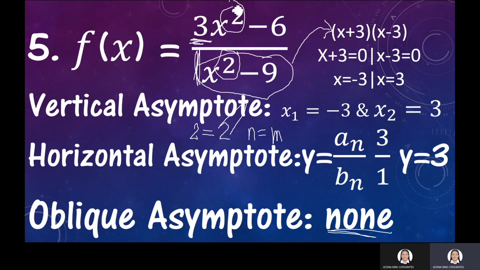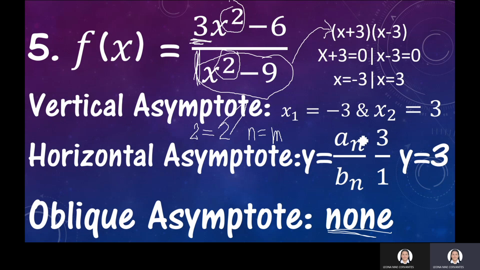Horizontal asymptote, the highest exponent of the numerator is 2. The highest exponent of the denominator is also 2. So, 2 equals 2. Therefore, n is equal to m. If n is equal to m, y equals a sub n over b sub n.